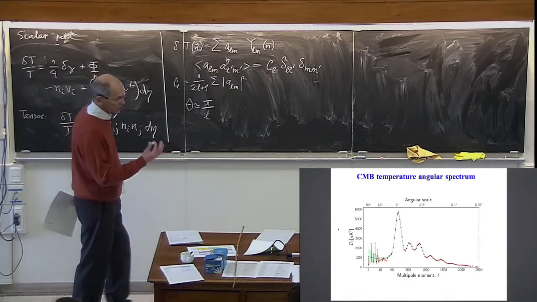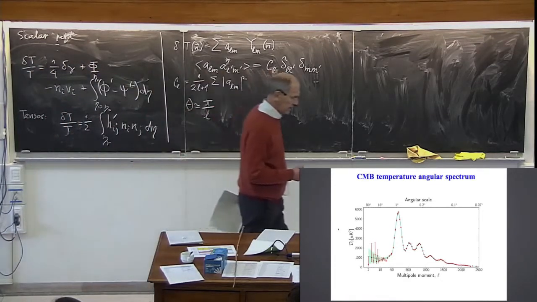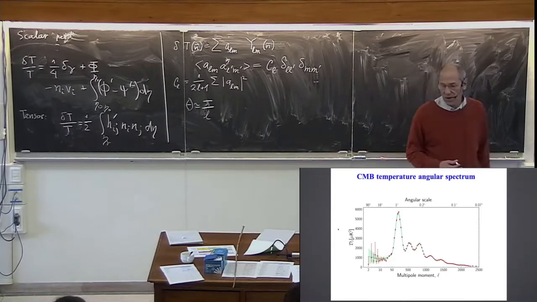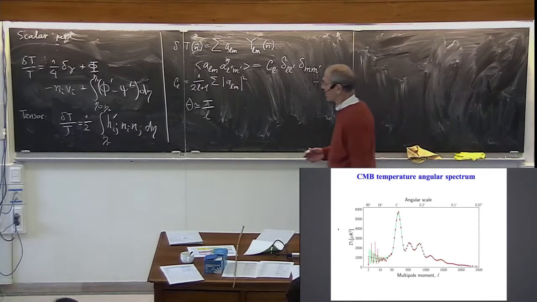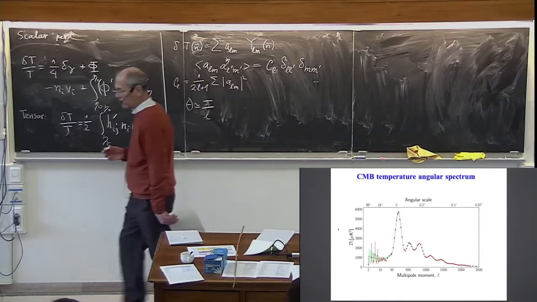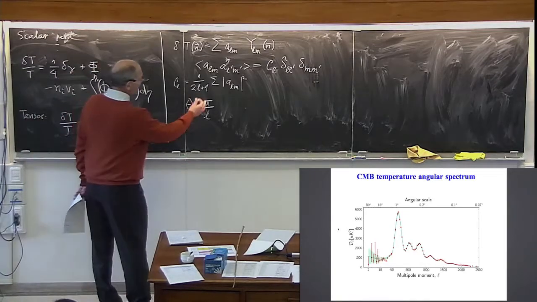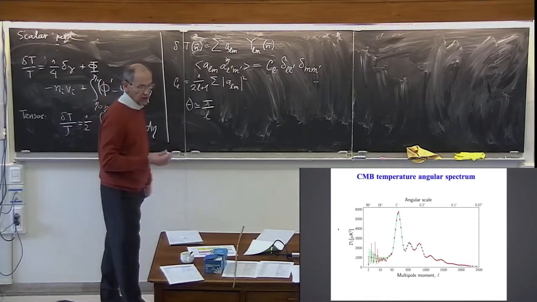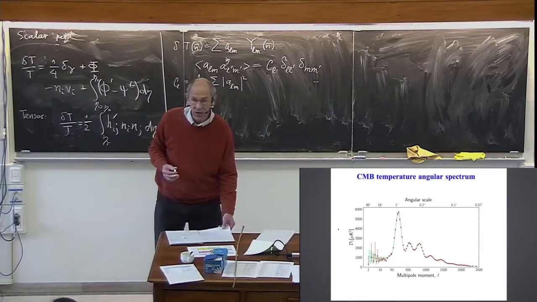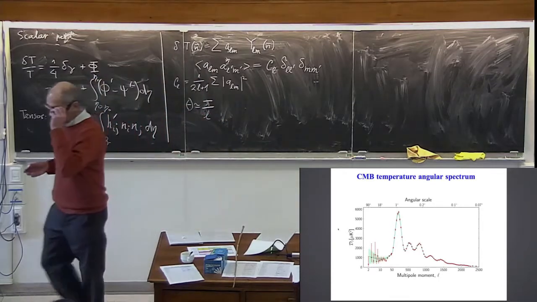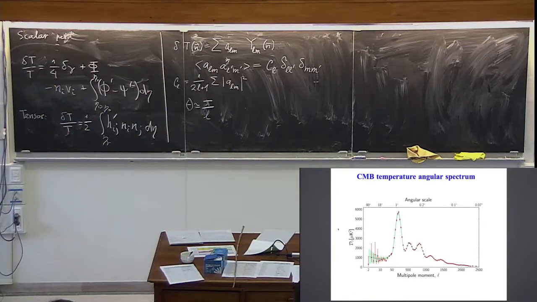So the dipole would correspond to 180 degrees, the quadrupole would correspond to 90 degrees, etc. Quadrupole is L equal 2. This is an approximate relation which is similar to what you have for momentum in three-dimensional flat space and wavelength, right?